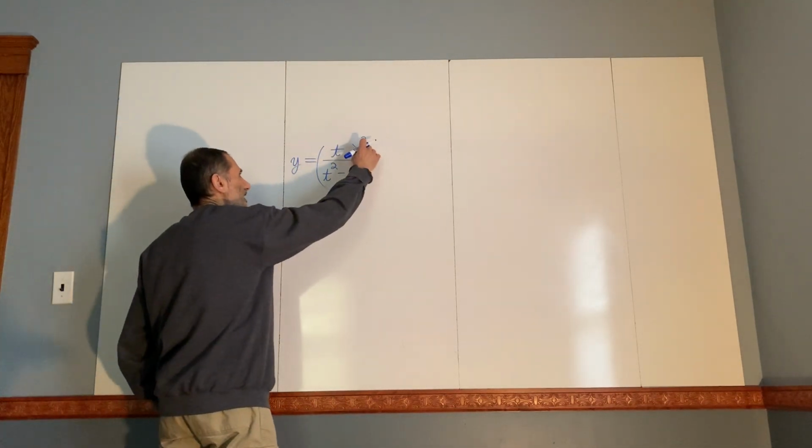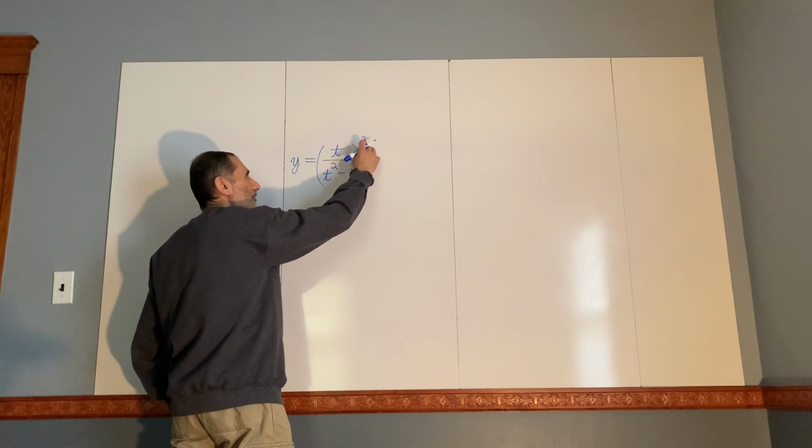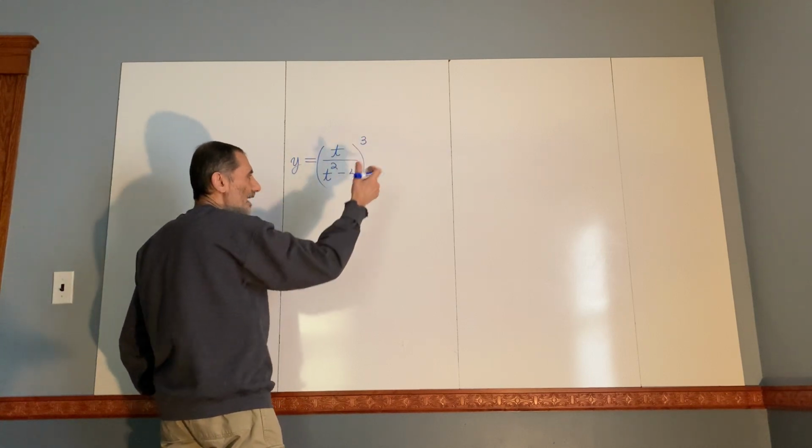So yes, it's a chain rule. The outside function is the cubing function. The derivative of the cubing function is 3 times the squaring function.